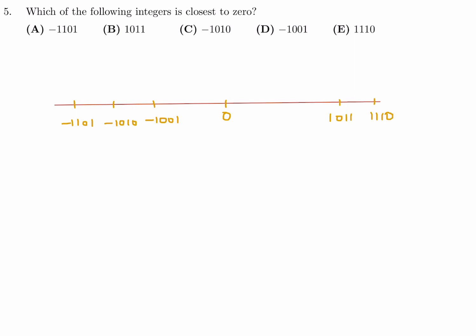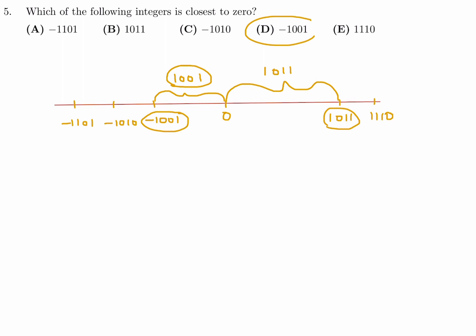So the one that's closest is obviously this guy, because it's only within 1001 of the 0, whereas the other one would be 1011, which is obviously a larger number. So the distance from that number to there is 1001, but the distance from here to here is 1011, and this is the smallest number of those two. So therefore, number 5, the answer is D.